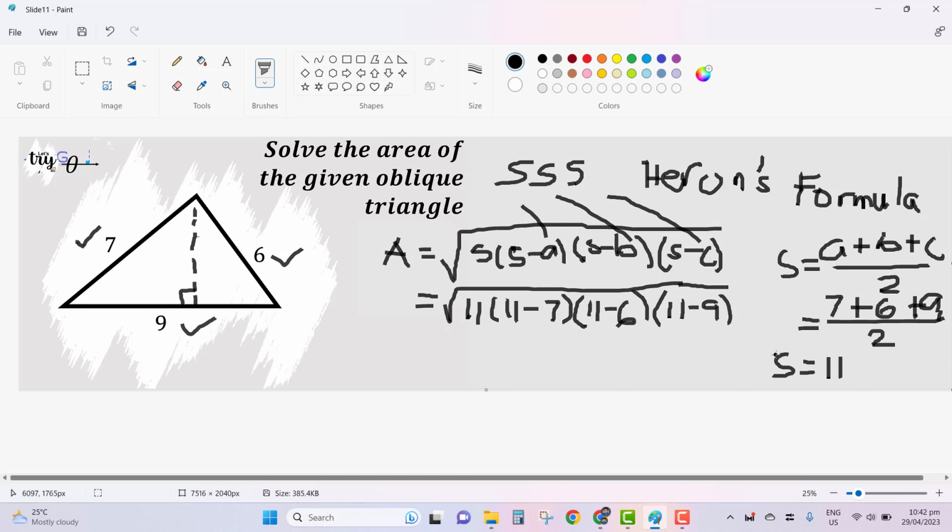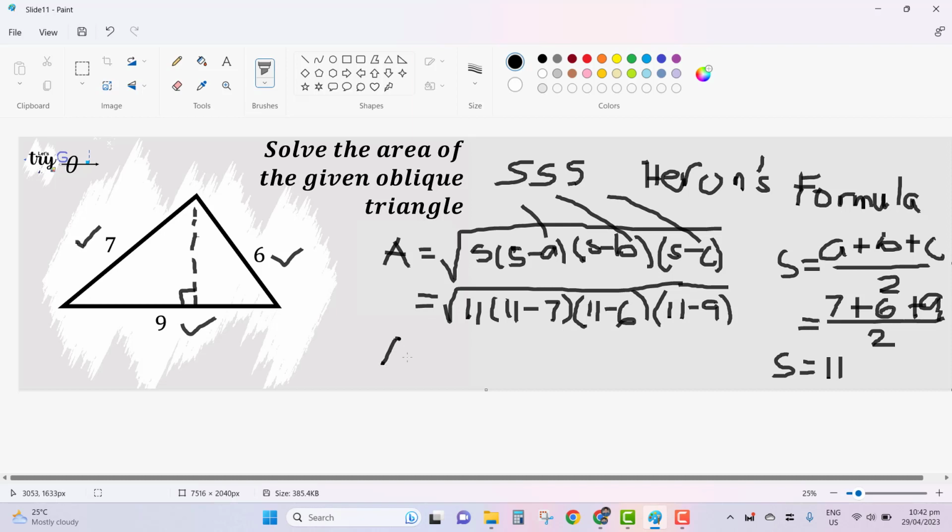Notice that the value of S should be longer than all of the 3 remaining sides so that the differences will become positive. It is because if one of them is a negative result, we can have an undefined value for our area since there is no square root of any negative number.